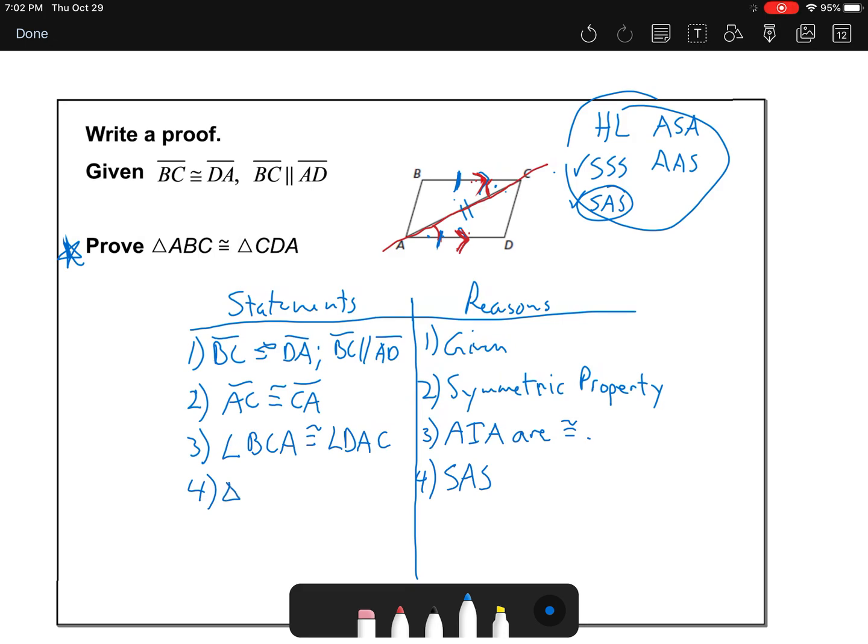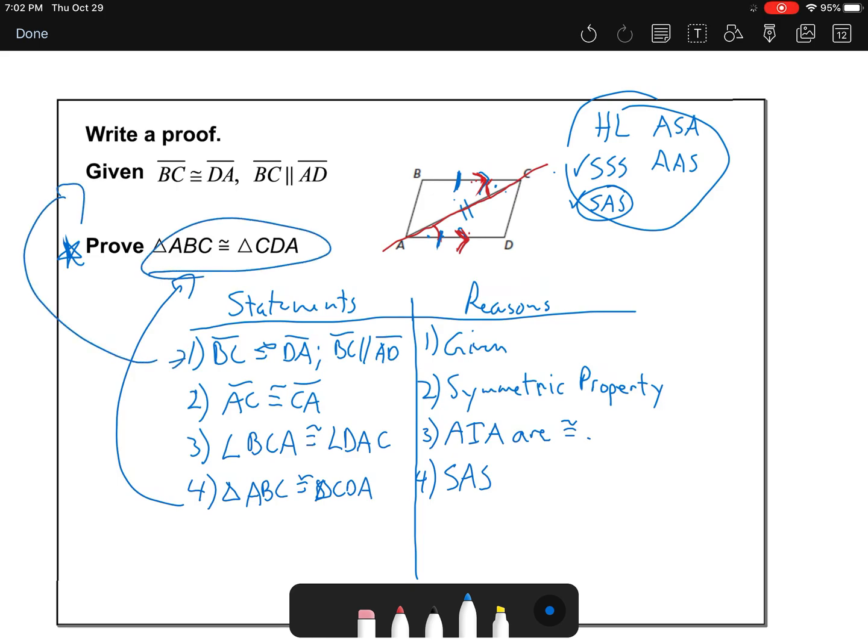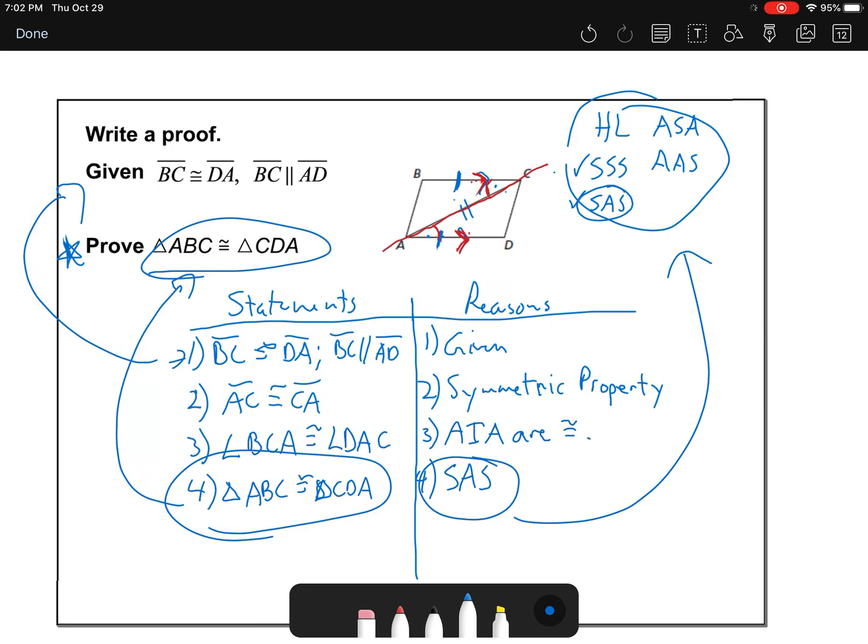So now we just write the congruent statement. And that comes from what we're supposed to prove up here. So your given statement is always your first statement, and your prove is always your last statement. The reason is going to be one of these if we're trying to prove triangles congruent.